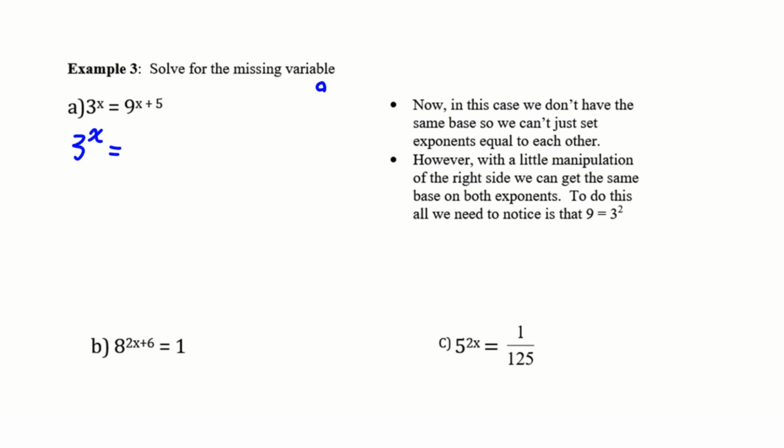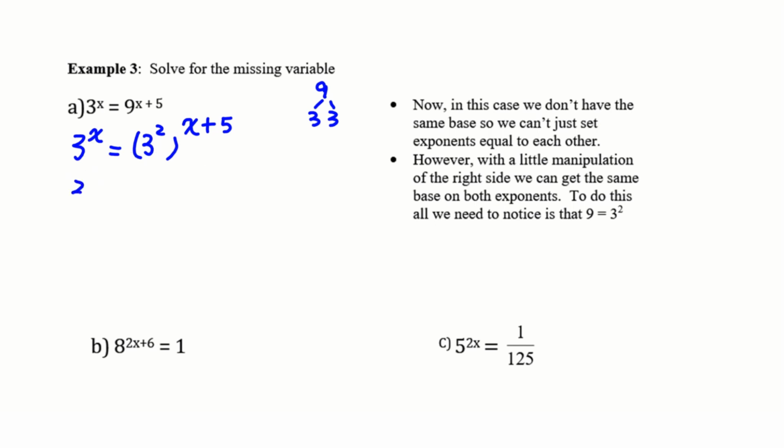We want to change the 9 to a factor of 3. 3 times 3 equals 9, so it's 3 squared, then to the exponent x plus 5. Log power over log base is only applied when the power and base don't have any unknown variables. Then we could use that. Otherwise, we need to make some changes.